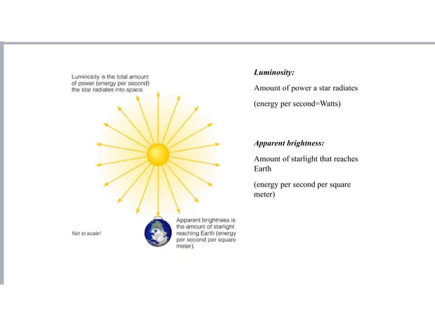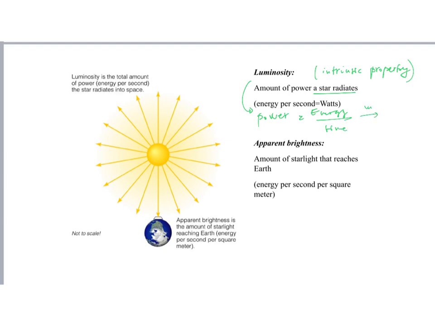So what do we have? Luminosity. Let's define some terms. Luminosity is the total amount of power a star radiates, right? So it's again an intrinsic property. It's what the star does, what the star emits from its surface. And it is a measure of power, right, which is energy in time.